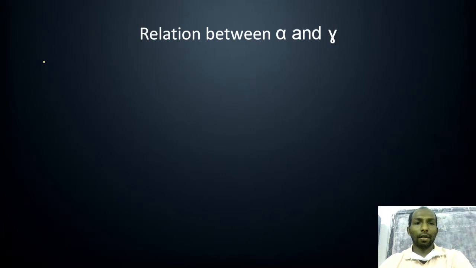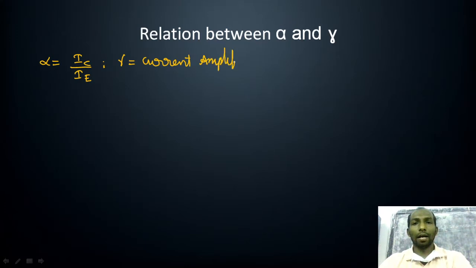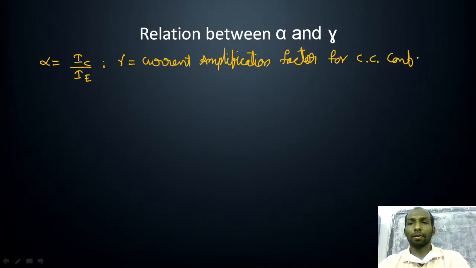Here we have alpha is equal to IC by IE, and gamma is the current amplification factor for common collector CC configuration. For CC configuration, the collector is common to the input and output. So the output will be taken across the emitter and collector.